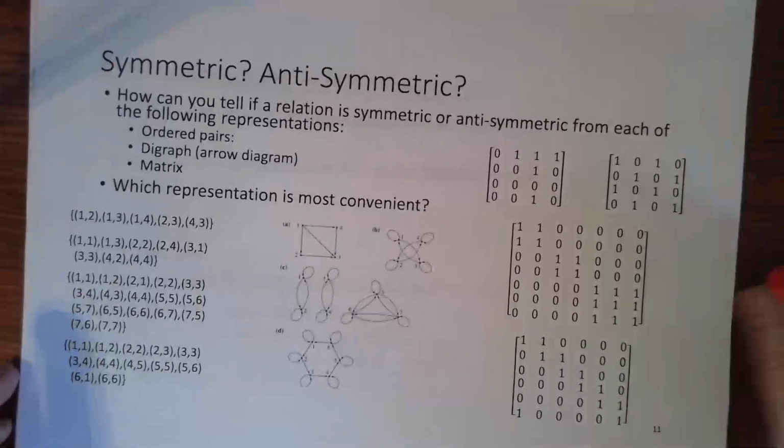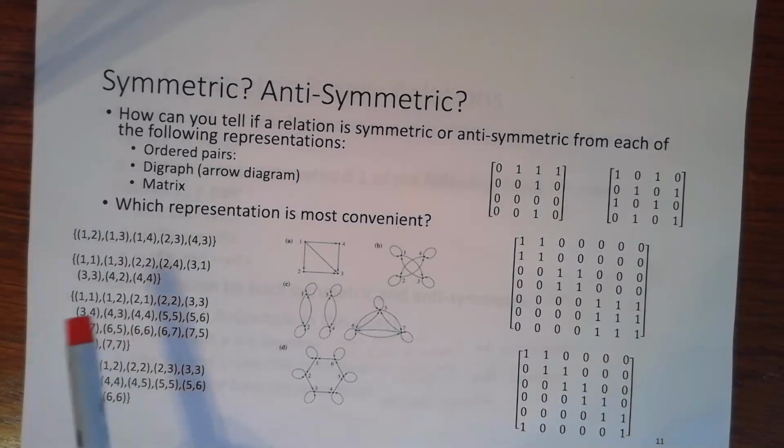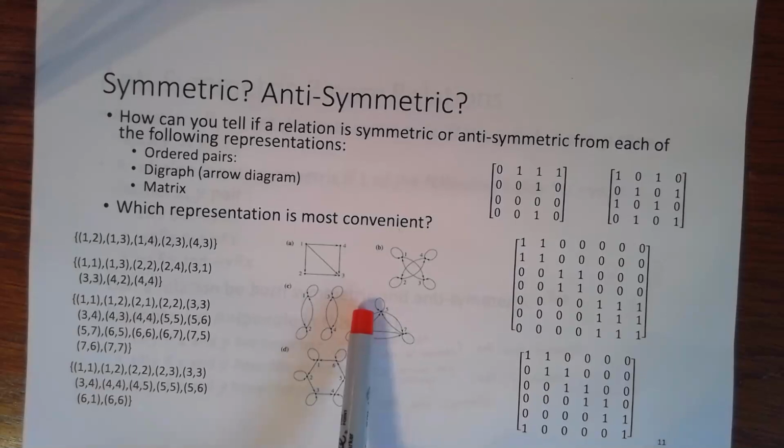All right, so let's look again at the representations in terms of ordered pairs, graphs, and matrices, and how could we tell from any of those if it was symmetric or anti-symmetric, and which one is going to be the most convenient.